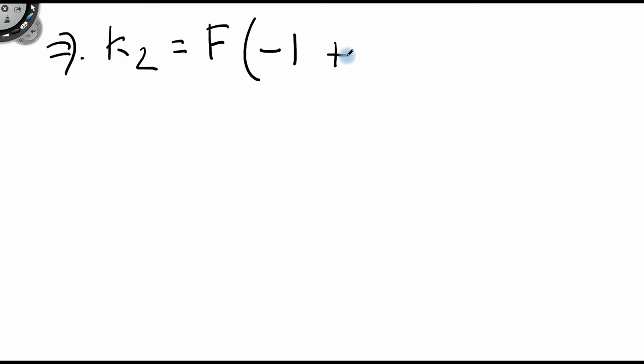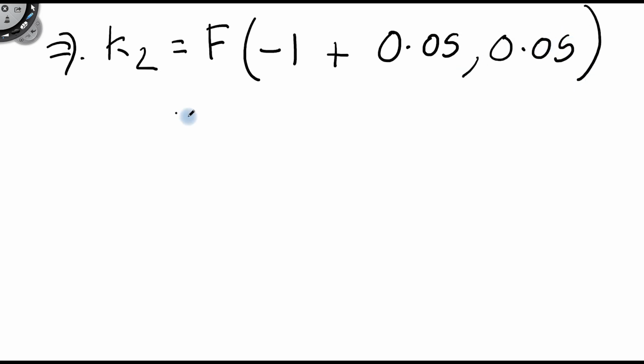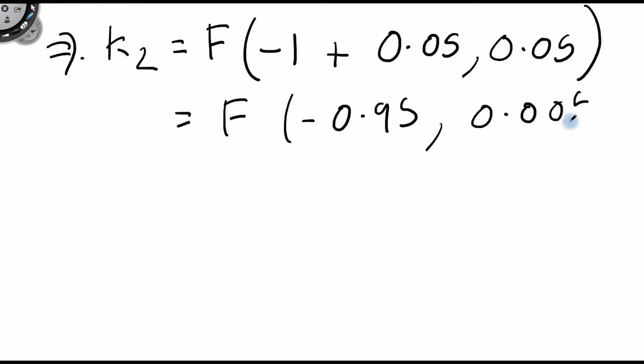K1, remember, was just 1, so that's 0.05, and the time at the midpoint, delta t on 2, was 0.05. So that's f at minus 0.95 and 0.05. You plug the numbers in, and you should end up with 1.05.